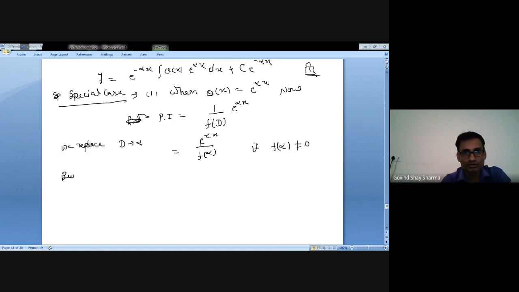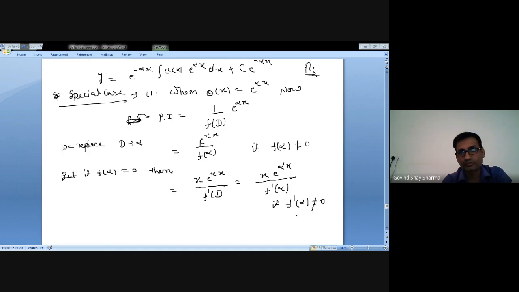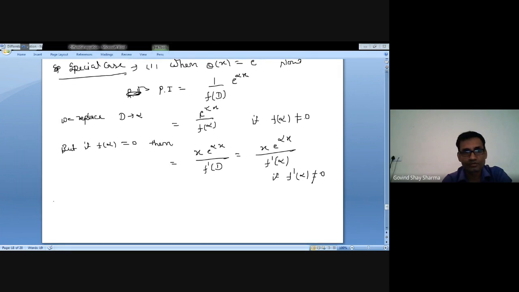But if f(alpha) is 0, then we multiply with x e to the power alpha x, 1 upon f dash(D), and again we replace D by alpha. But if for some case f dash(alpha) is also 0, then we again multiply by x.